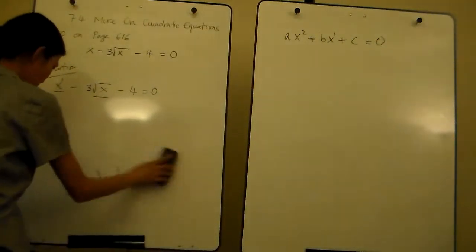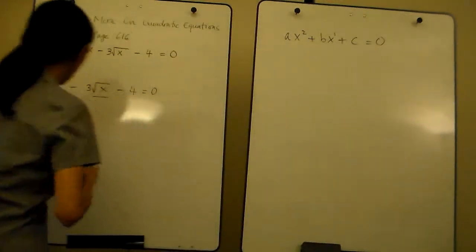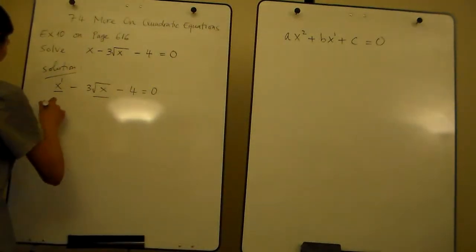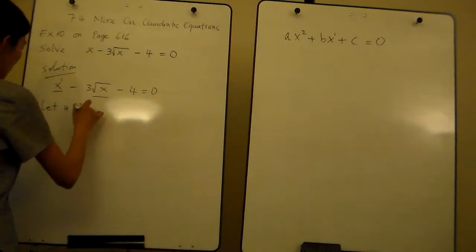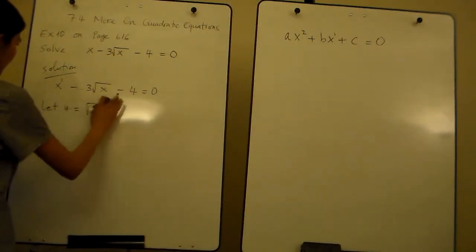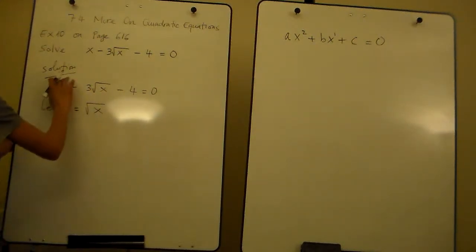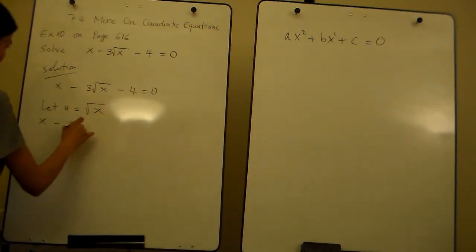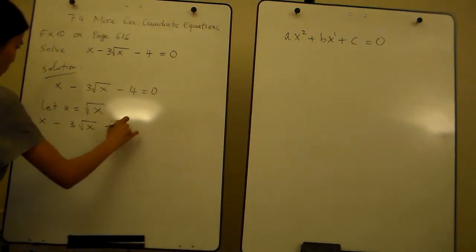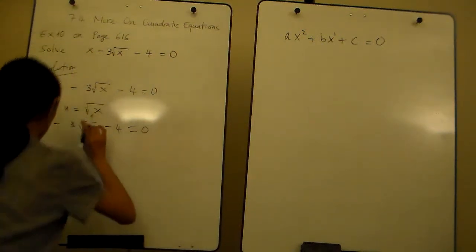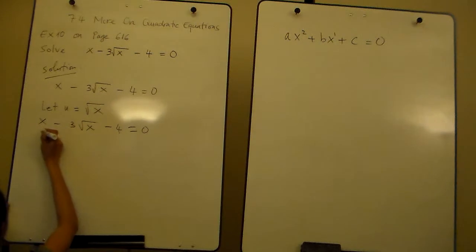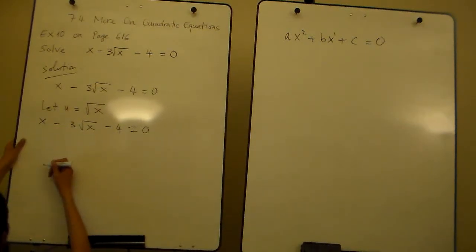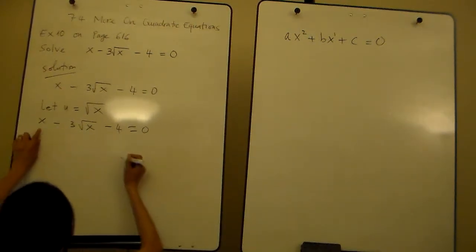So, if you let u equal square root of x, okay, and replace this in this equation, you would get, let's see, let me rewrite the equation. So replacing u equals square root of x here, you would get, let's see, how would you replace this?